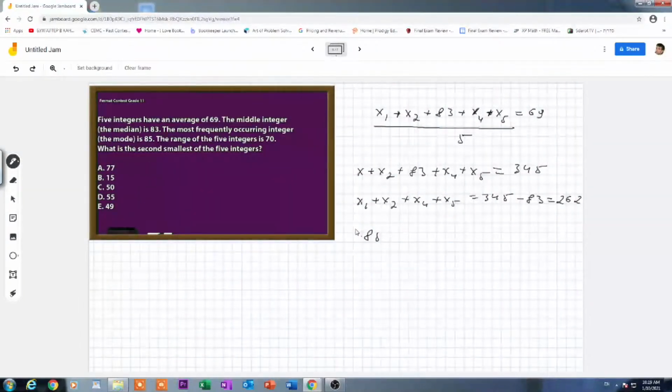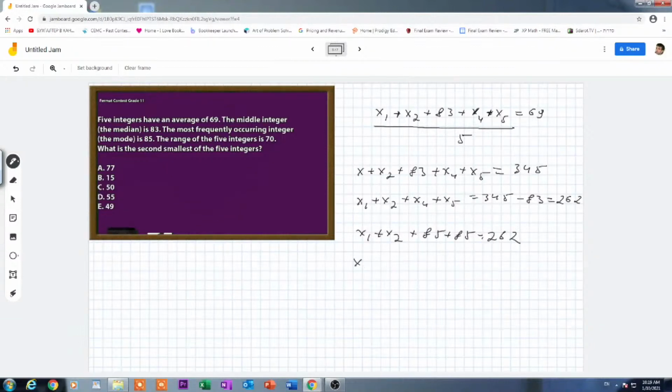Yeah, so if 83 is the median, right? So it means that x4 and x5 are 85, right? Because 83 is in the middle. So we have x1 plus x2 plus 85 plus 85 equals 262.